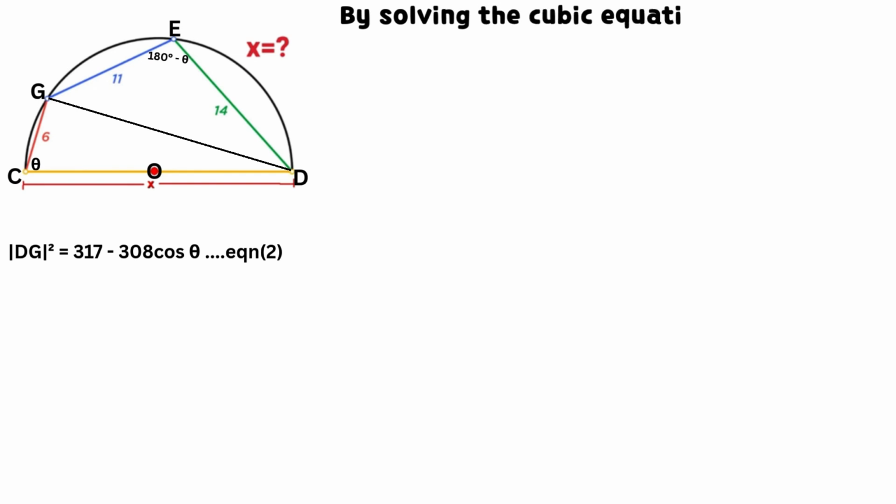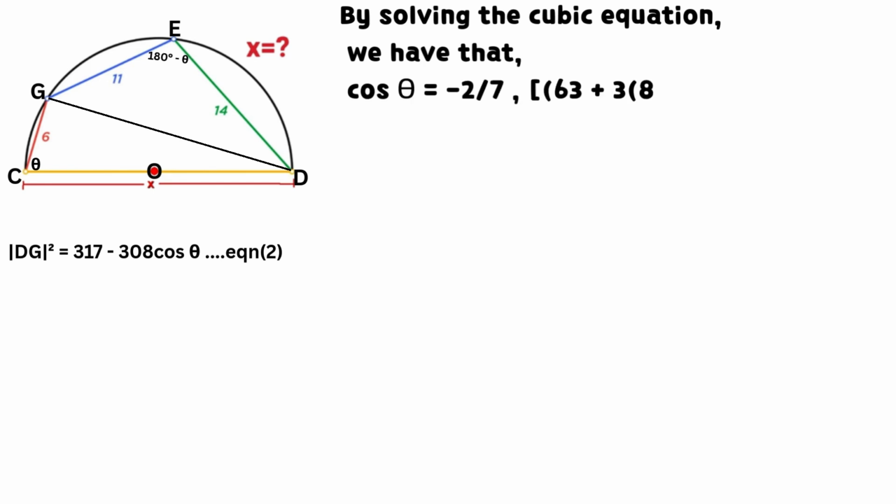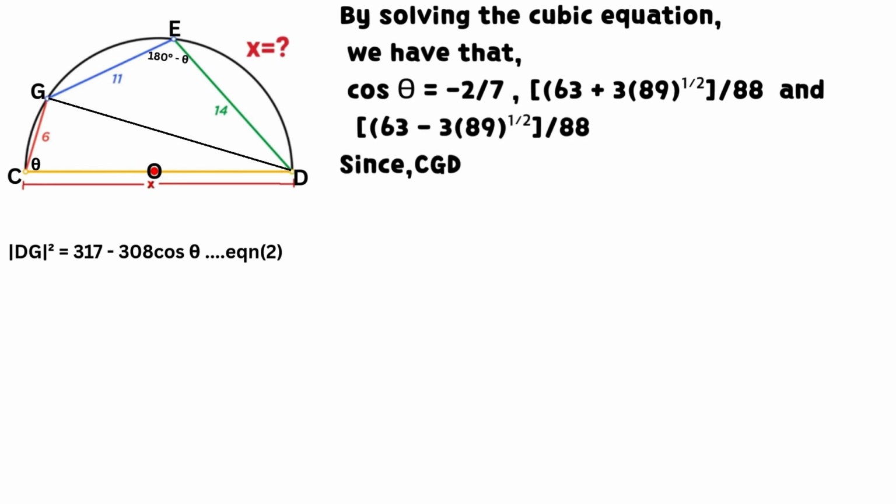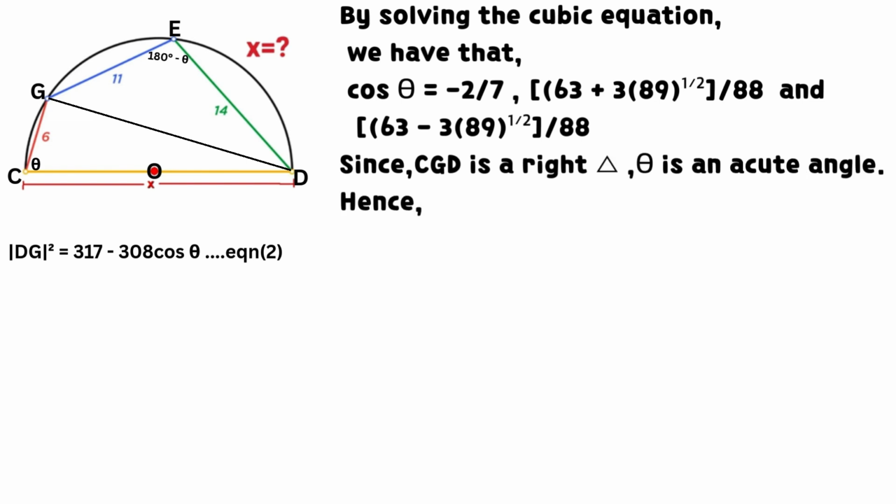By solving the cubic equation, we have that cosine theta equals negative 2 over 7, or 63 plus 3 times the square root of 89 all divided by 88, or 63 minus 3 times the square root of 89 all divided by 88.